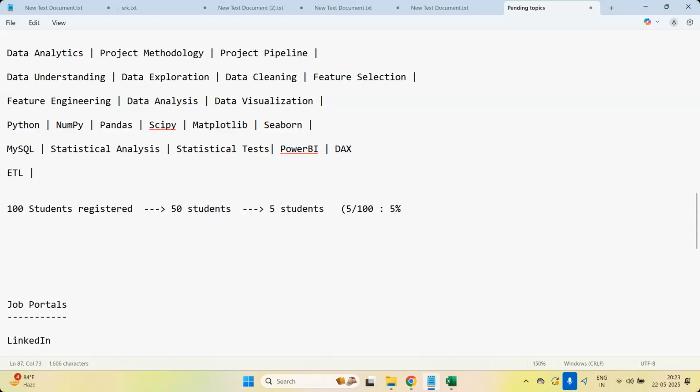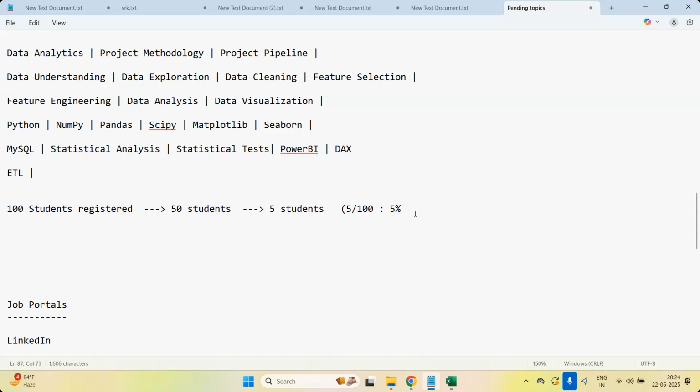What is the meaning? They don't know how to do it, or they're not interested. Either of these two. Their feeling is that without doing anything I will also get the job. That is their feeling.